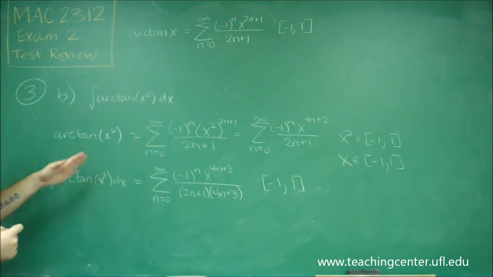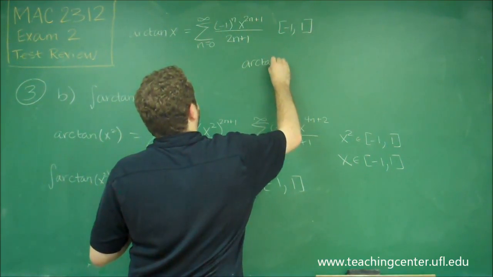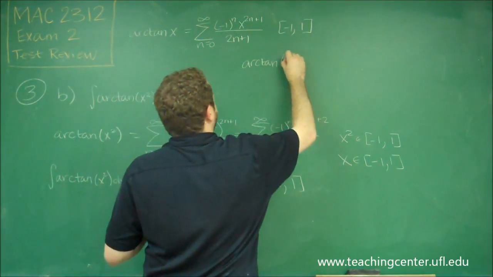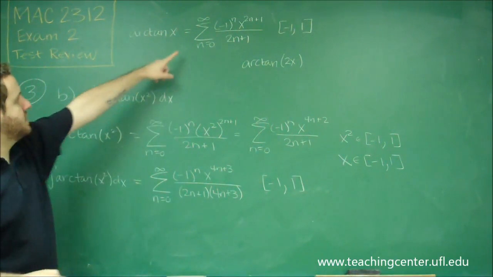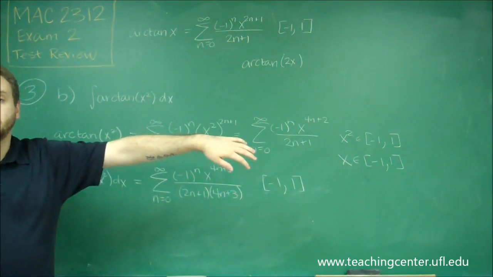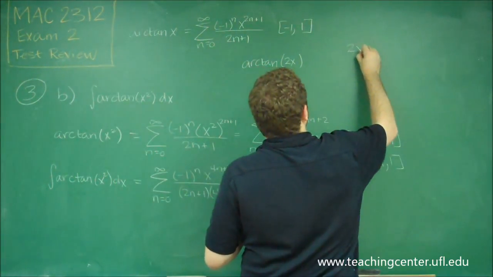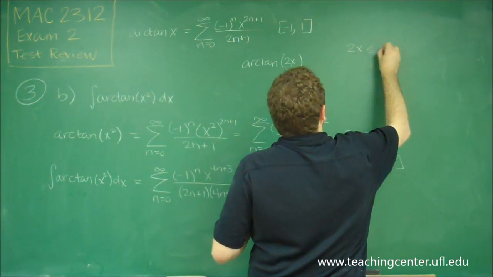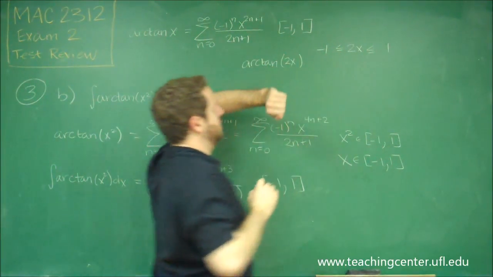So let me just give you a quick example. If we had done arctan of 2x instead, we would have taken our arctan formula. Everywhere there's an x, we would have plugged in 2x. And then if we wanted to find the interval, we would have said that 2x has to be in between -1 and 1.